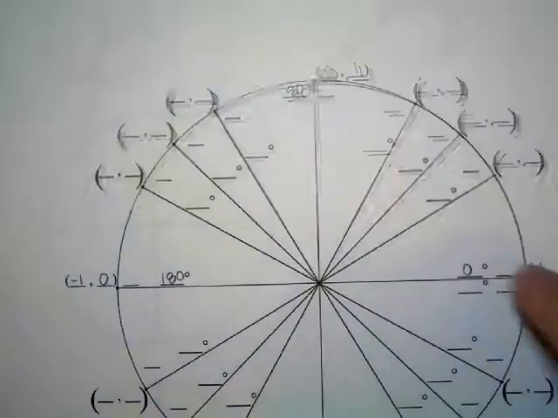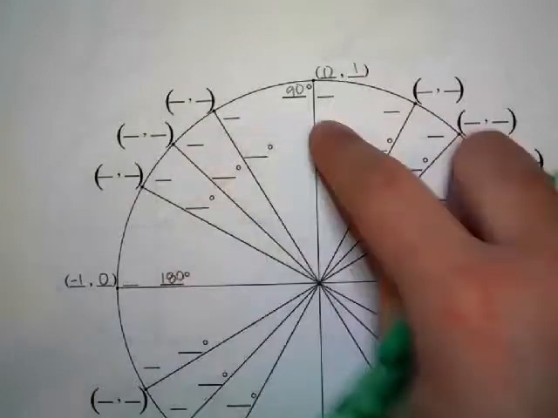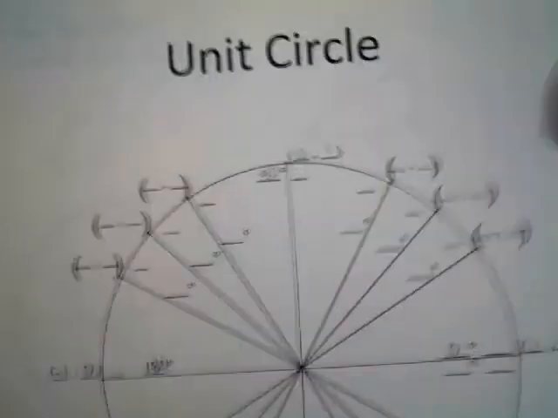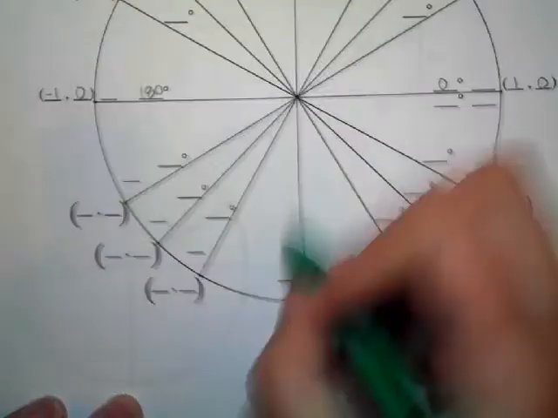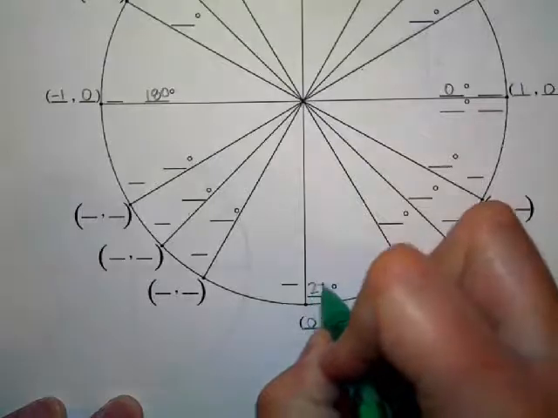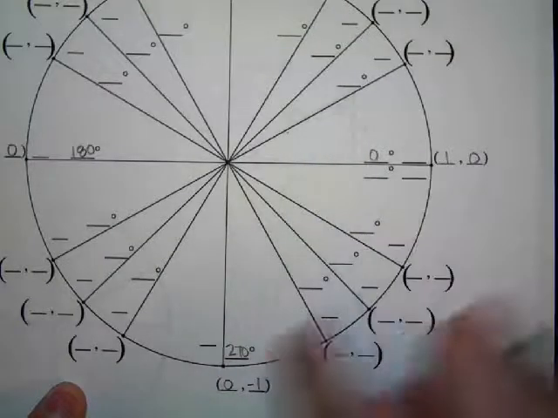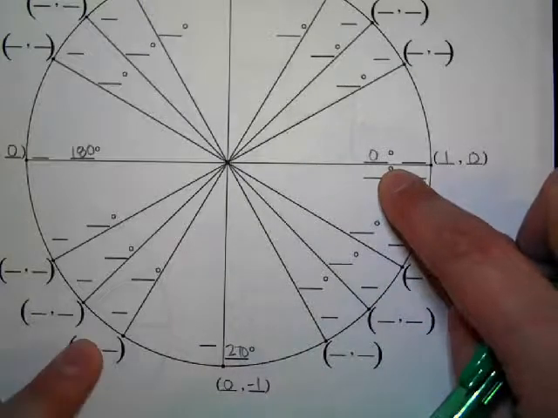Okay. So we've got 90 degrees. We've got another 90 degrees. That makes 180 degrees. If we do another 90 degrees, then how many do we have? 270 degrees. And then if we do another 90 degrees, we get a full circle, which is how many degrees? 360.